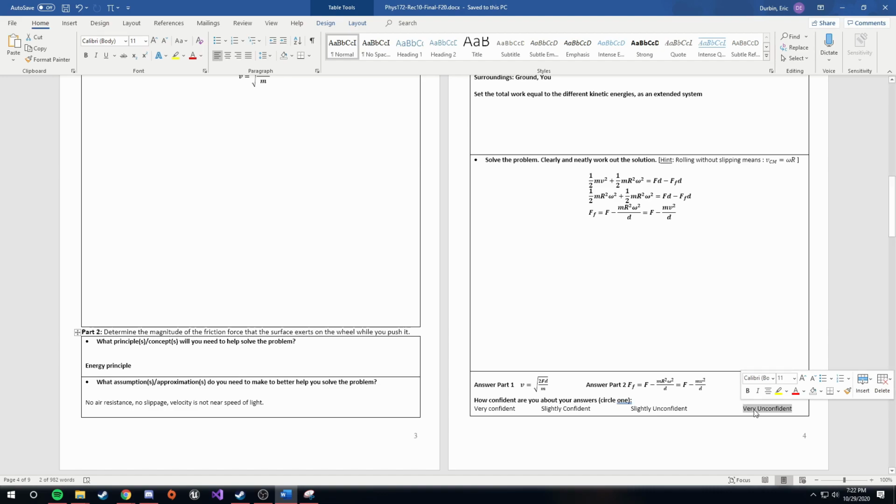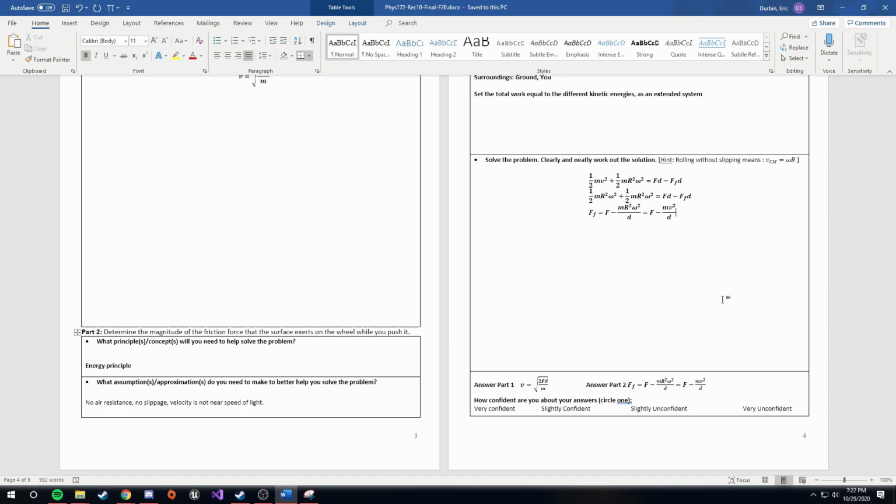Makes sense. I got the same answer as you, except I substituted the r squared w squared. I made that the velocity of the center of mass squared.